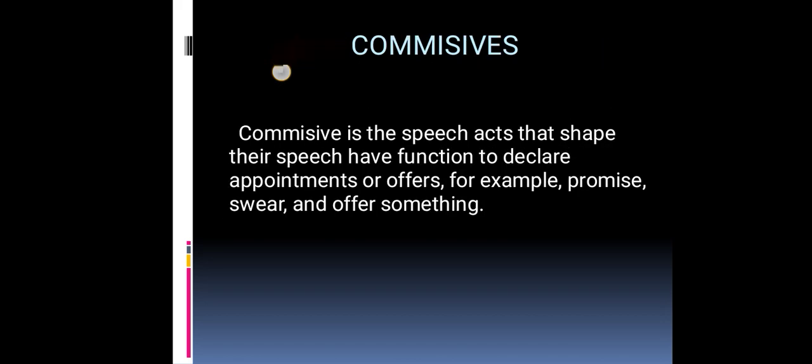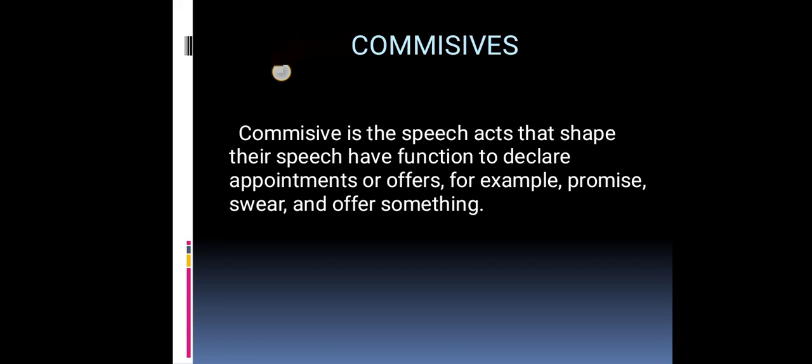Okay, and then the second type is commissive speech acts. Commissive is the speech act whose speech has a function to declare an appointment or offer. For example, promise, swear, and offer something.